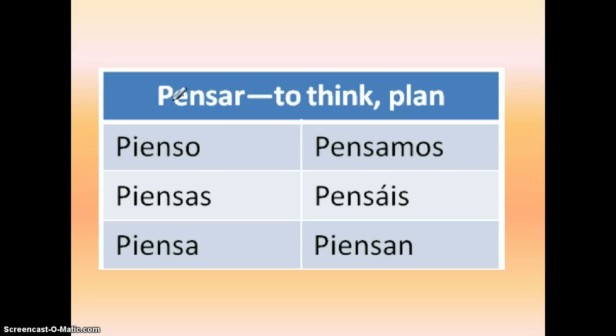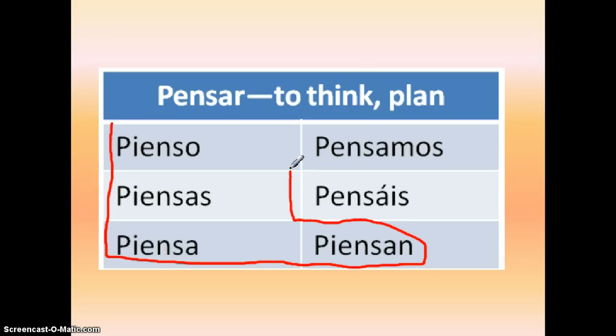So, what we can do with this verb pensar to make it a boot verb is we can draw a boot around this verb, but we only draw it around four forms: pienso, piensas, piensa, piensan, and not the other two forms.